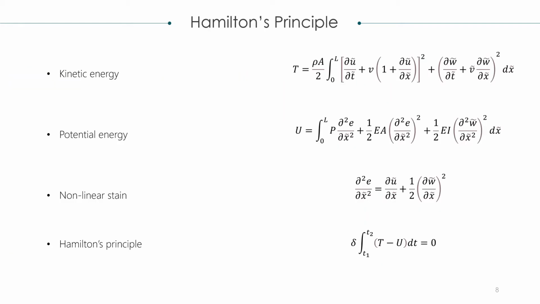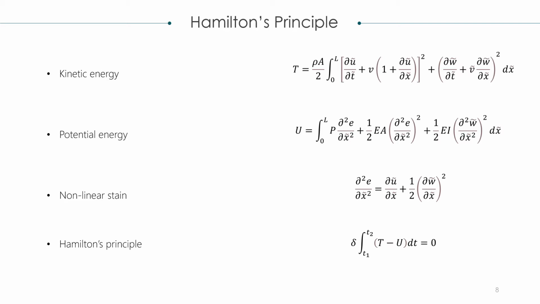So, Hamilton's principle. To obtain the equations of motion, Hamilton's principle has been utilized, which states that as the system moves between two time instances, it does so along a trajectory that makes the action integral of the Lagrangian as small as possible. The Lagrangian is defined using the potential and the kinetic energy of the system.